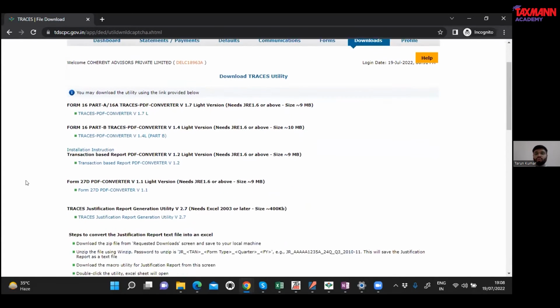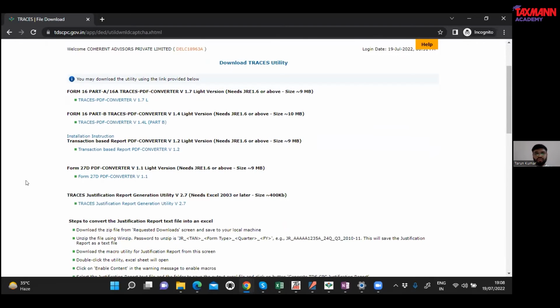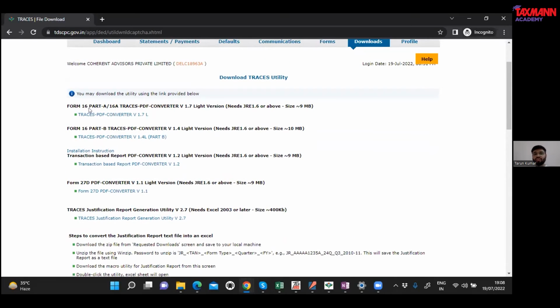There are multiple utilities available. I'll download the first utility, which is for Form 16A or Form 16 part.